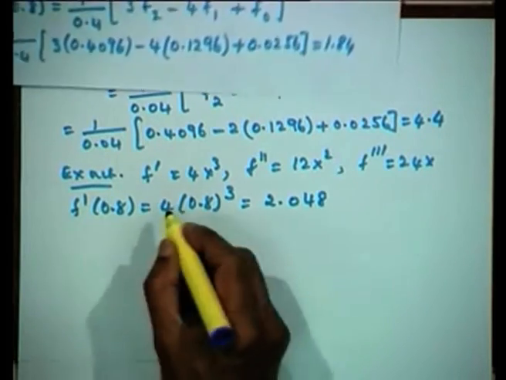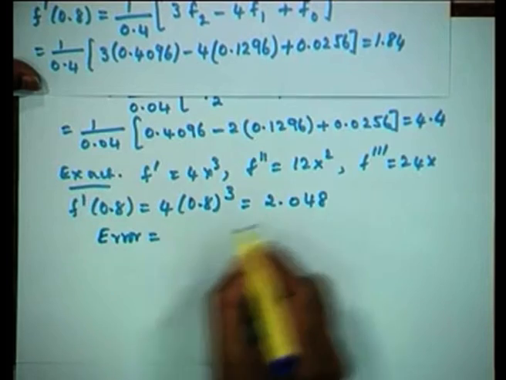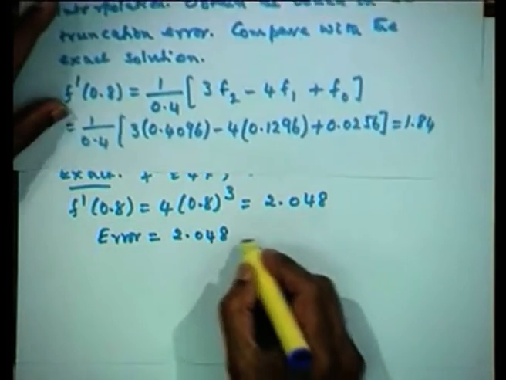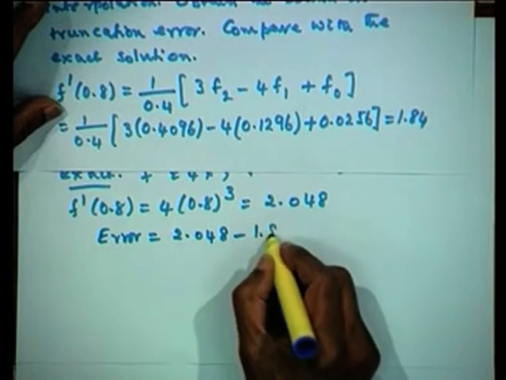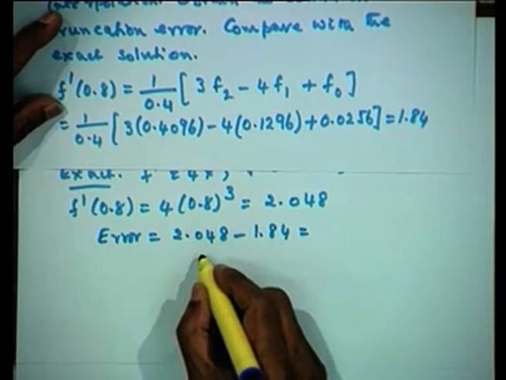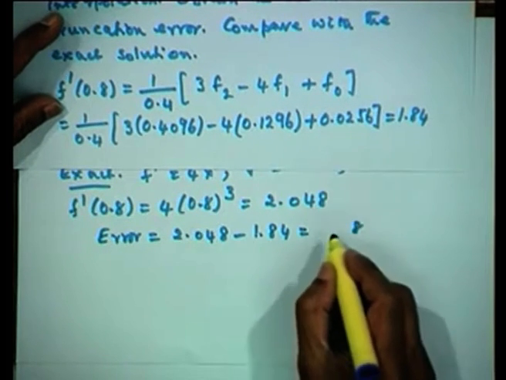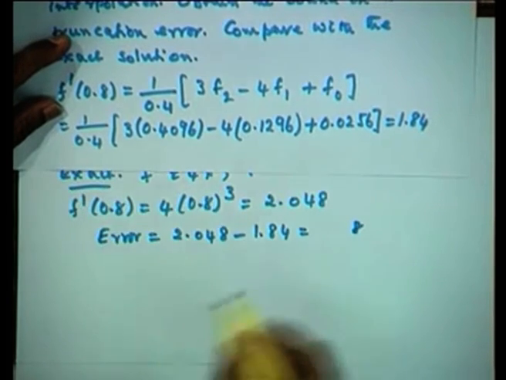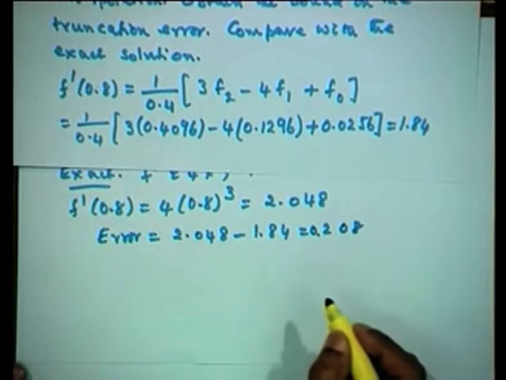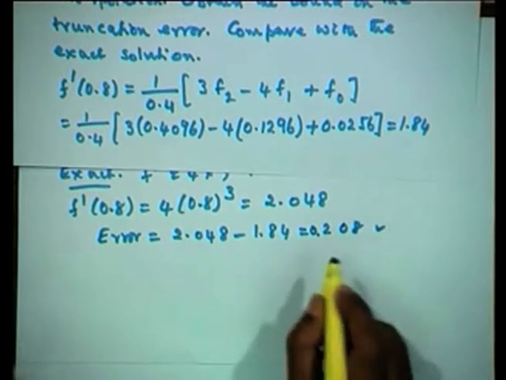Before we find the second derivative, let us find out the error. The error is 2.048, the exact solution, minus 1.84, the solution which we have got here. Therefore, you have got 0.208 as the error, which is quite a large error. Let us see why it is happening.